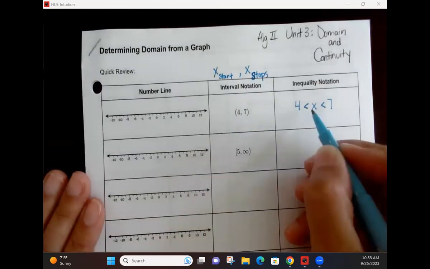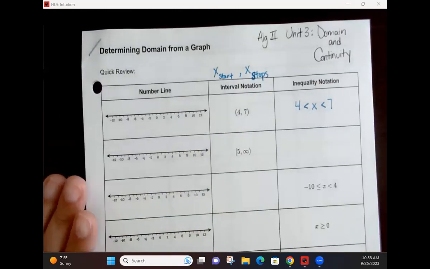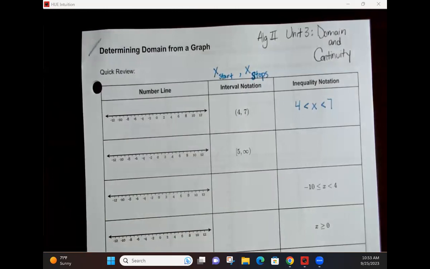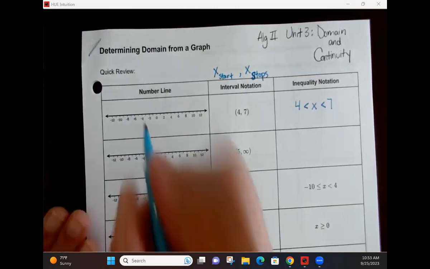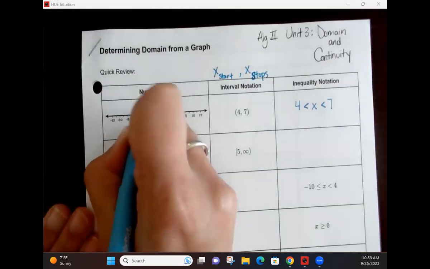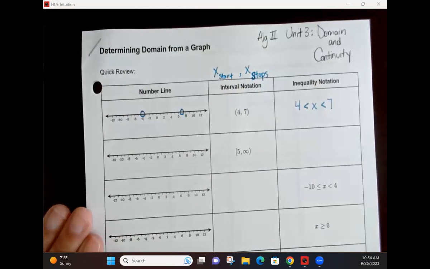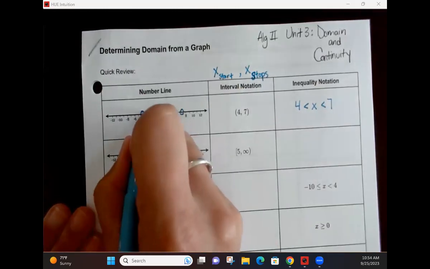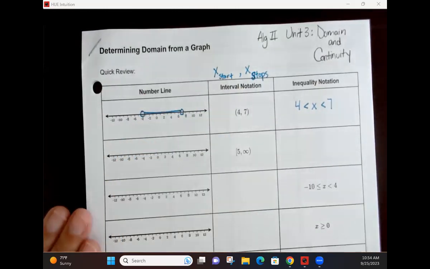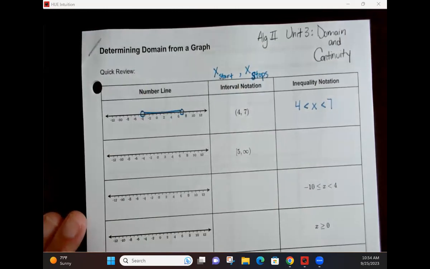Just a parenthesis is strictly less than or strictly greater than. So that means on my graph, these would be open circles. So at positive 4, I'd have an open circle. At positive 7, I'd have an open circle. And then I'm looking at all values between 4 and 7. So I would shade between those two values.